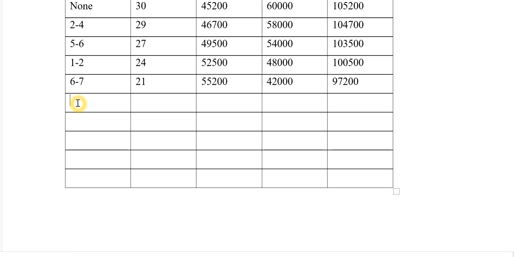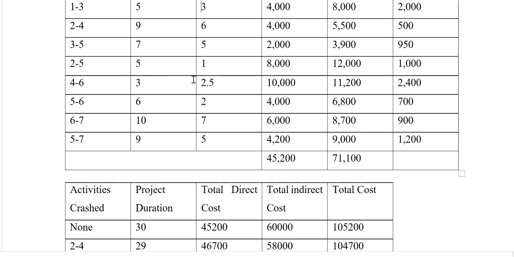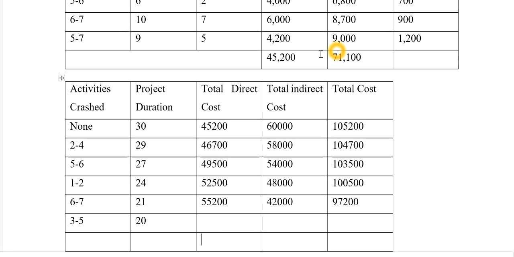Okay, so I'll move forward to update my cost sheet first. The activity which I have crashed here is 3 to 5. The duration has become 20 weeks. Now to crash 3 to 5, the extra cost which I have to incur is 1,900. 3,900 minus 2,000, 1,900. So I'll add this 1,900 to 55,200.